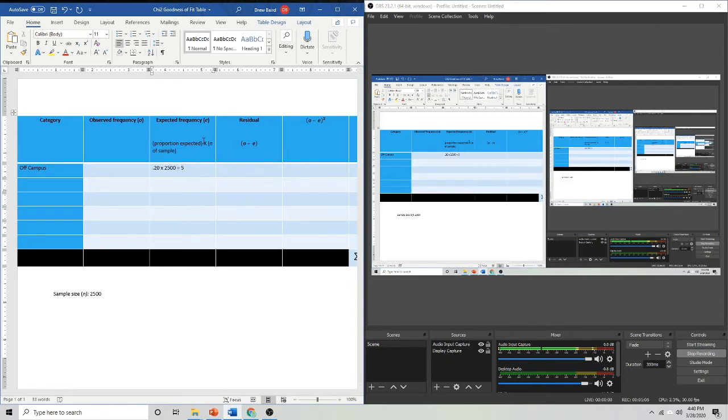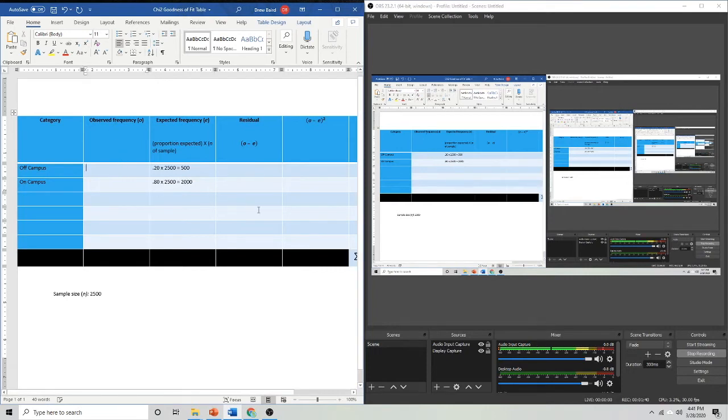So we'd expect 500 in our sample to live off campus. On-campus students at American universities are 80%. Now these are made up numbers and they're probably incorrect. I actually guarantee you they're incorrect, but just for the sake of example, let's pretend. So if 80% live on campus, we're going to expect out of our sample of 2,500 that 2,000 are going to be on campus.